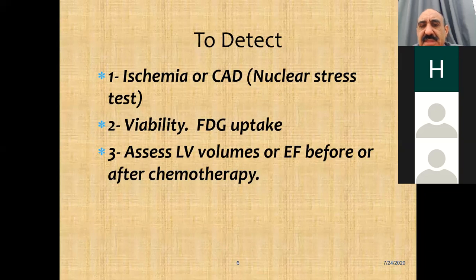So these are the three main indications for doing the nuclear cardiology test. The first important question is ischemia, present or not, and if it is present, how much? Viability by doing FDG, fluorodeoxyglucose uptake. And third, to assess the LV volumes or ejection fraction before or after chemotherapy.